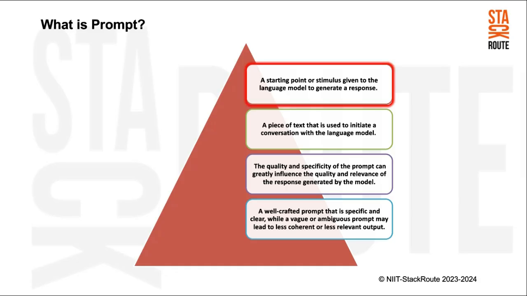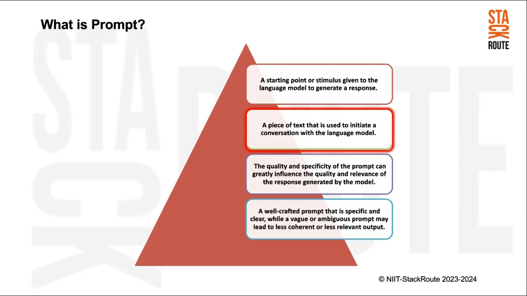A prompt is a starting point or stimulus given to the language model to generate a response. In the context of ChatGPT, a prompt is a piece of text that is used to initiate a conversation with the language model. It can be a question, statement, or any text input that is given to the model to initiate a conversation or generate a specific type of output.